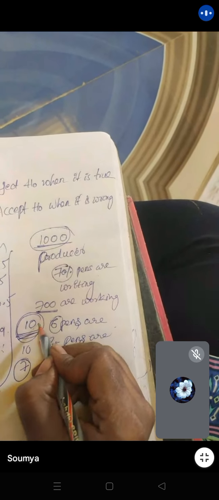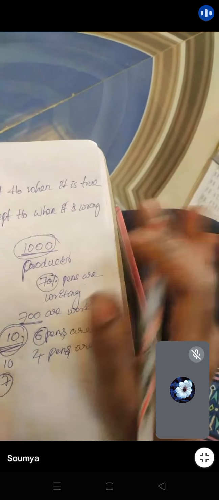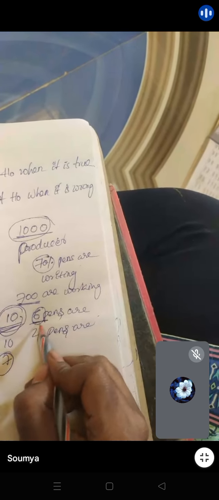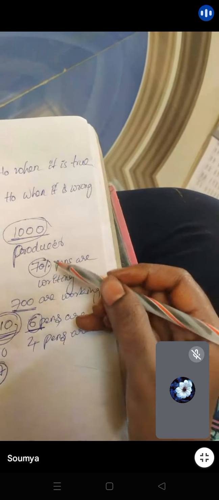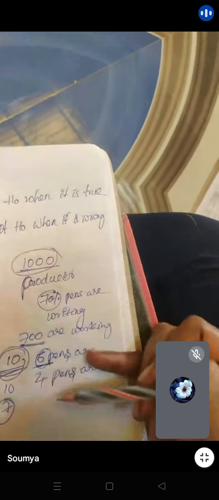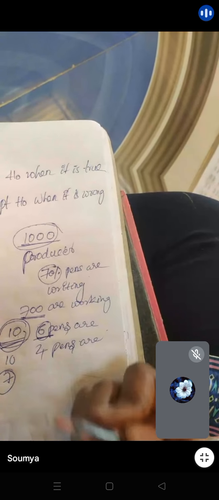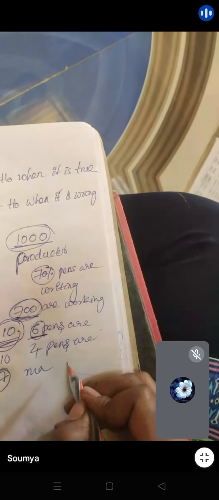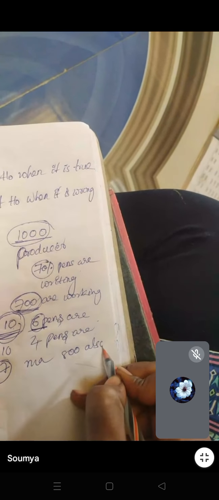Taking a sample of 10, I will reject the 1,000 pens. I won't buy them because only 6 pens are writing, but he told 70% are writing. So I am rejecting that sample. Maybe there is a chance that in place of 700, 800 are also working.